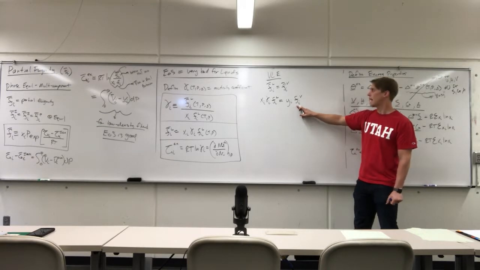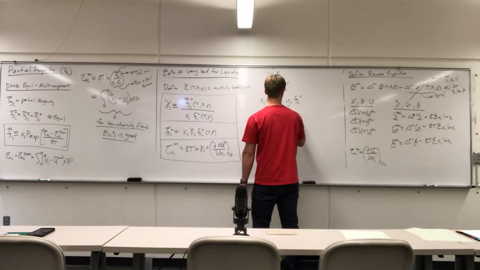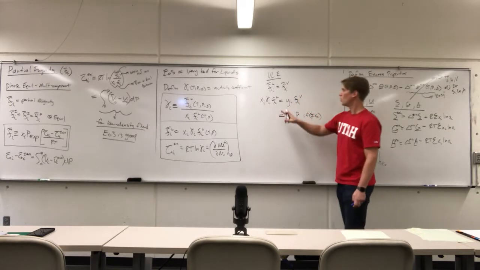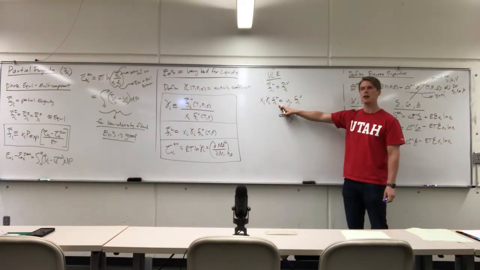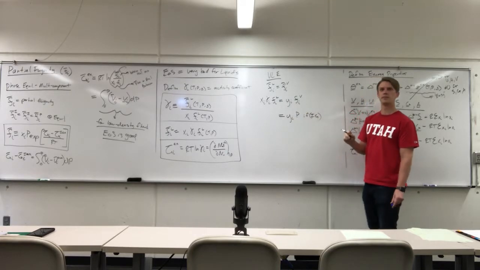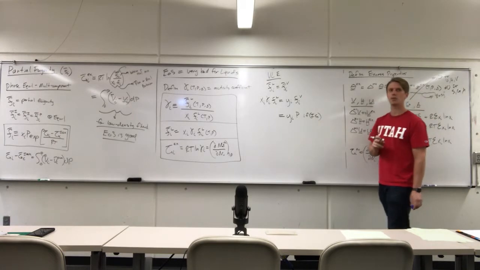So what is the fugacity of an ideal gas? The pressure. It's going to be the pressure. All right. What is the fugacity of a liquid if the vapor phase is ideal? And the system is at relatively low pressure. So we're neglecting the Poynting correction.